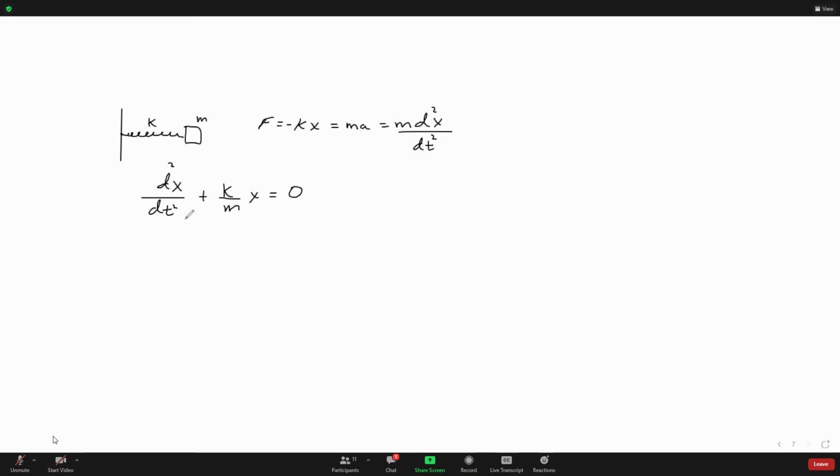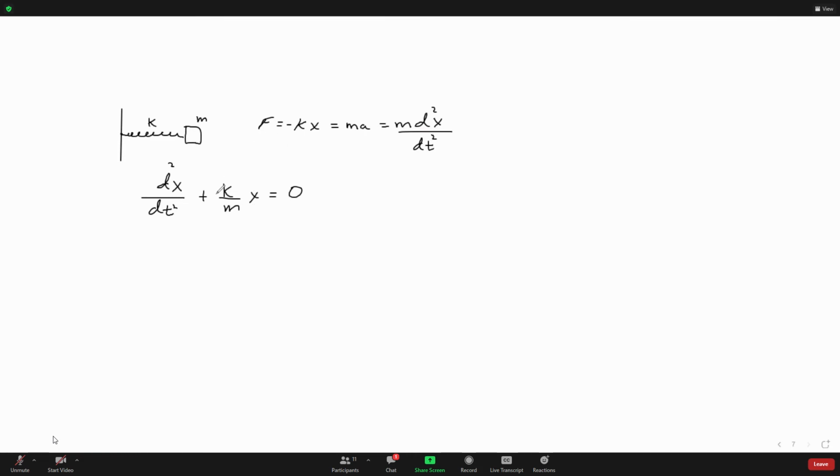that x is a cosine. I differentiate the cosine, I get minus the sine. I differentiate minus the sine, I get minus cosine. So basically, the sines and the cosines are functions such that the second derivative will cancel out the original function.